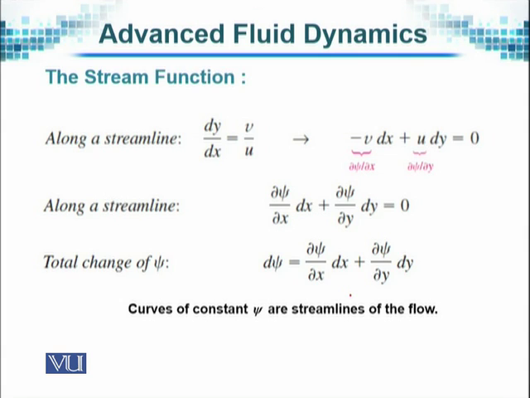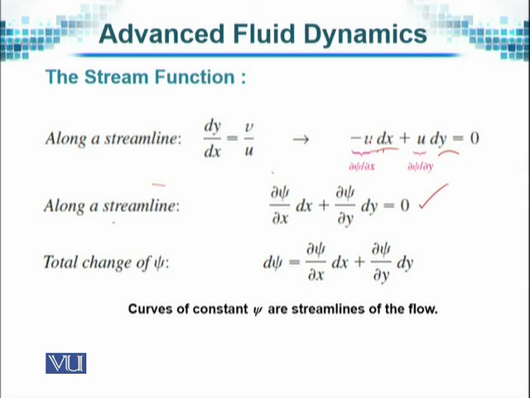And then we see that along a streamline, and this is again taken from the earlier equation that we have written, you can see that v is equal to minus d psi by dx, and the continuity equation is satisfied here. So along a streamline, we have these values, and these are different forms of the same equation.